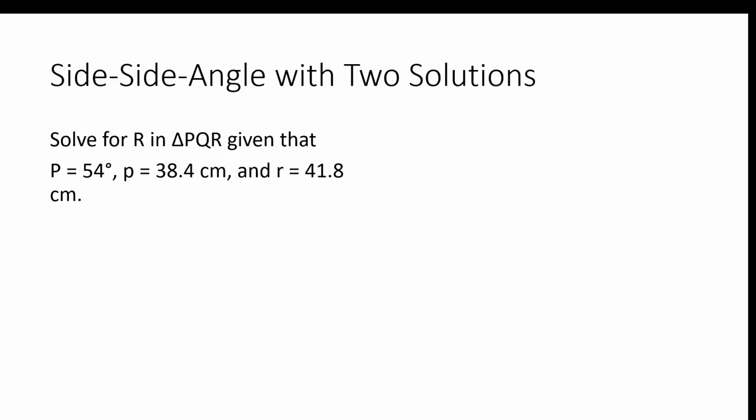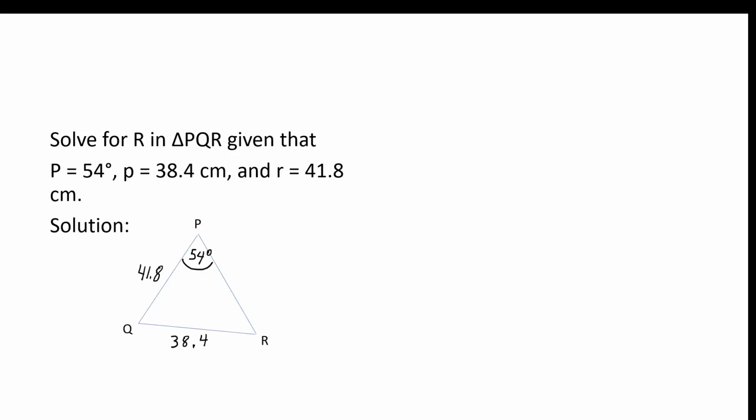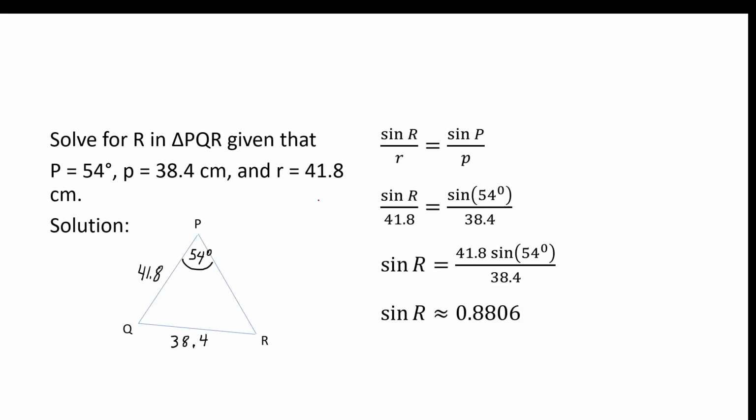Okay, but now let's talk finally about the situation where we have two solutions. So suppose we want to solve for angle r, and we're given the information shown. We draw our triangle, and we set up the sine law. We say the sine of r over 41.8 will roughly equal the sine of 54 degrees over 38.4.